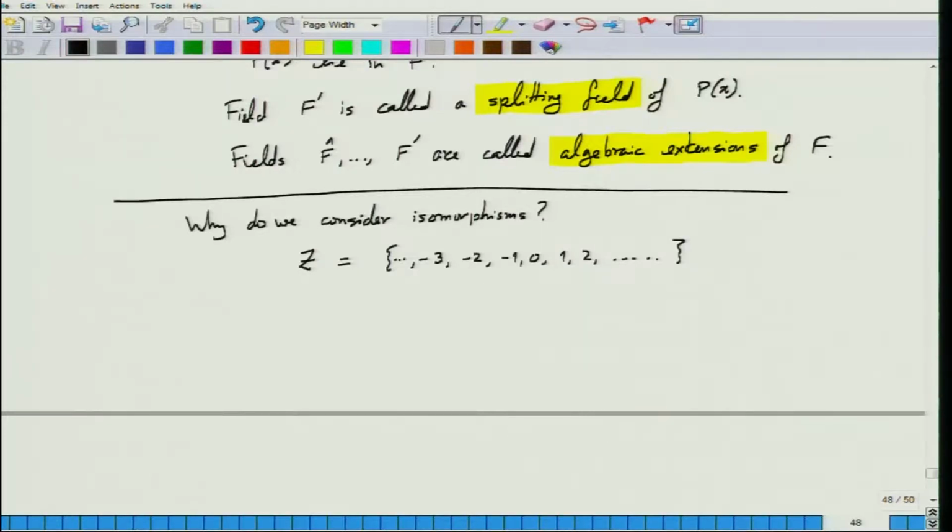This is the usual way of defining a ring of integers. Let me define the following.